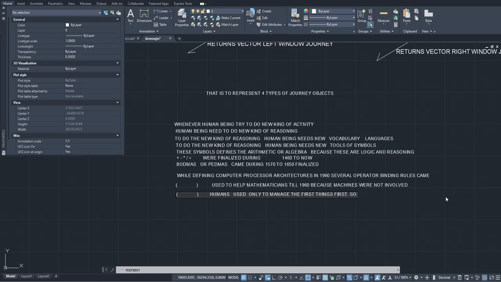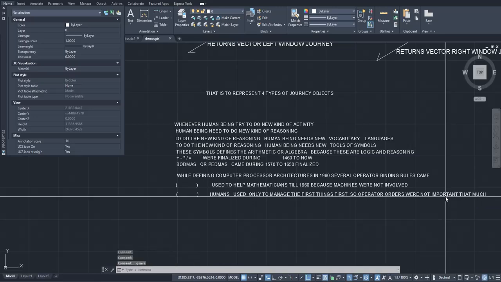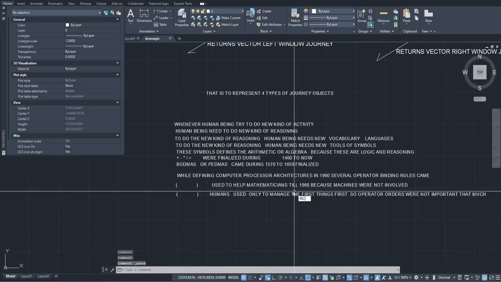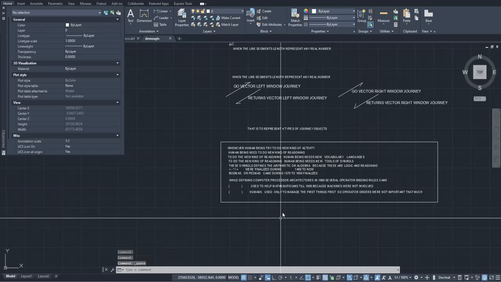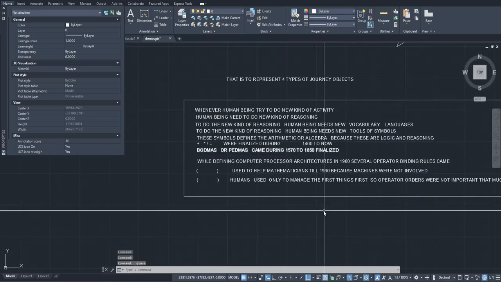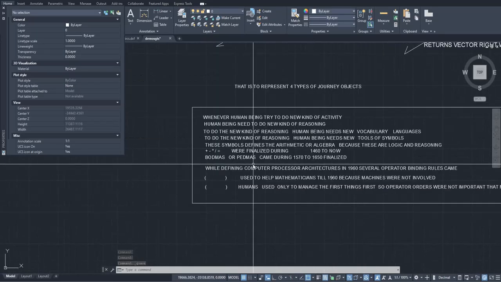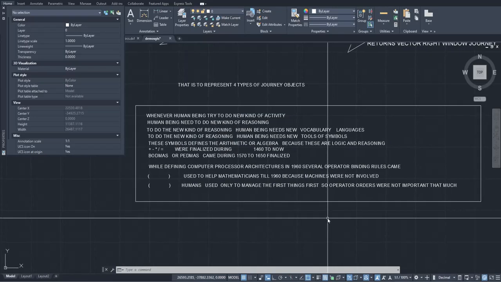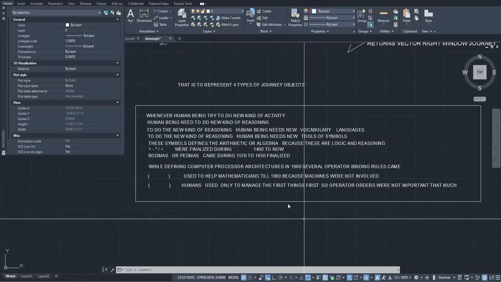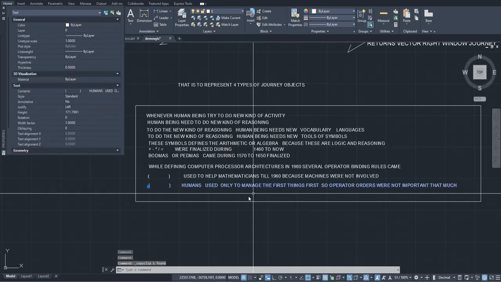So operator orders were not that important. But now, when we are trying to do automation and computers have to decide which operator to do first, this operator sequence and the operator precedence became important after automation came.